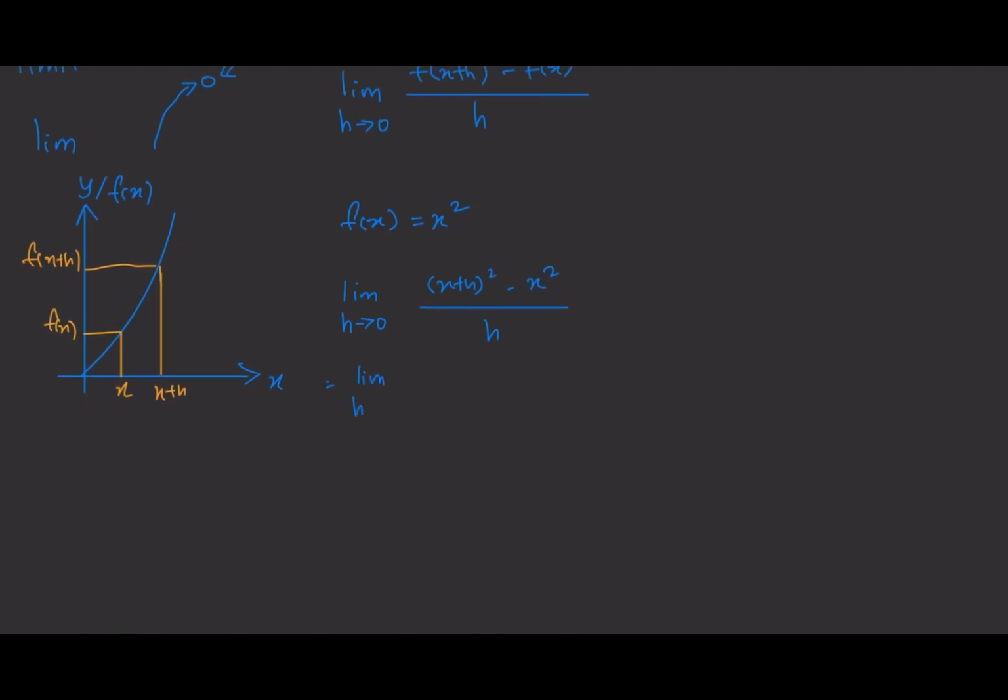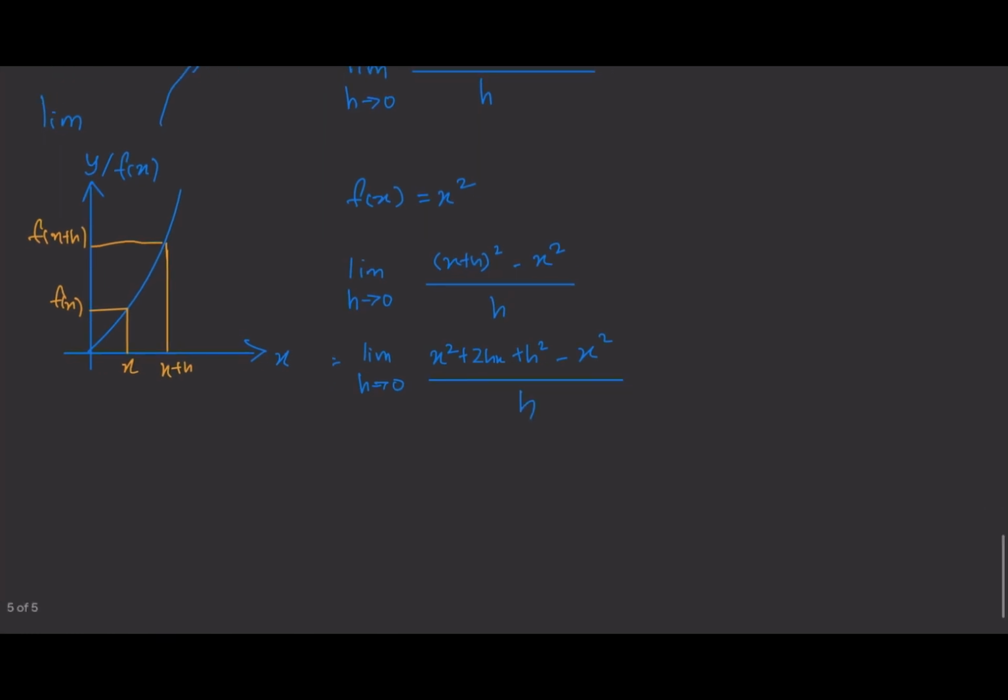We can just expand, so you get x squared plus 2hx plus h squared minus x squared, divided by h. Now, we can simplify by removing the x squared terms since they cancel each other.